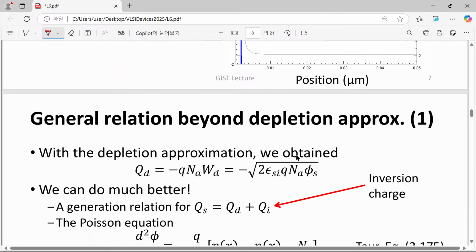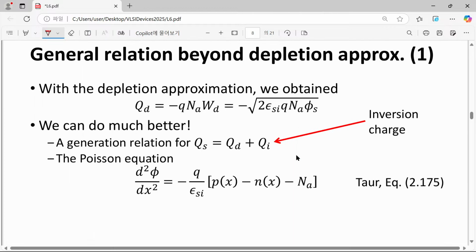numbers or equations. Okay, so now let's start today's main lecture. This equation is really important, so I strongly recommend that you derive this equation by yourself. It is really important. Of course, in this semester we will see so many important equations.